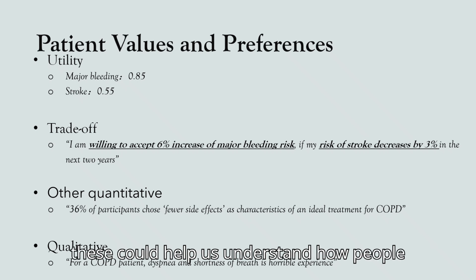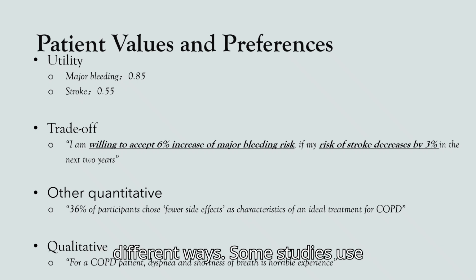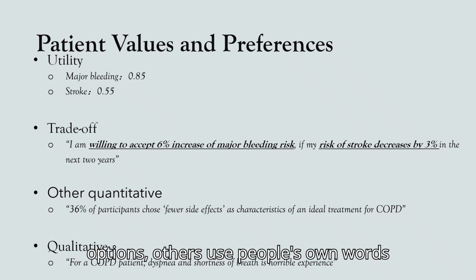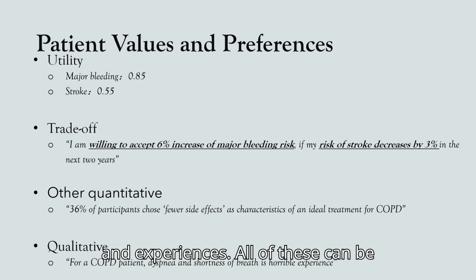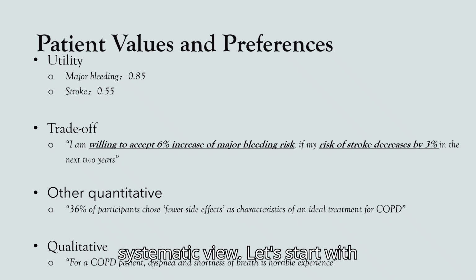All this could help us understand how people value health outcomes, but they do so in different ways. Some studies use numbers, some use choices between options, others use people's own words and experiences. All of this can be valuable in a values and preferences systematic review.